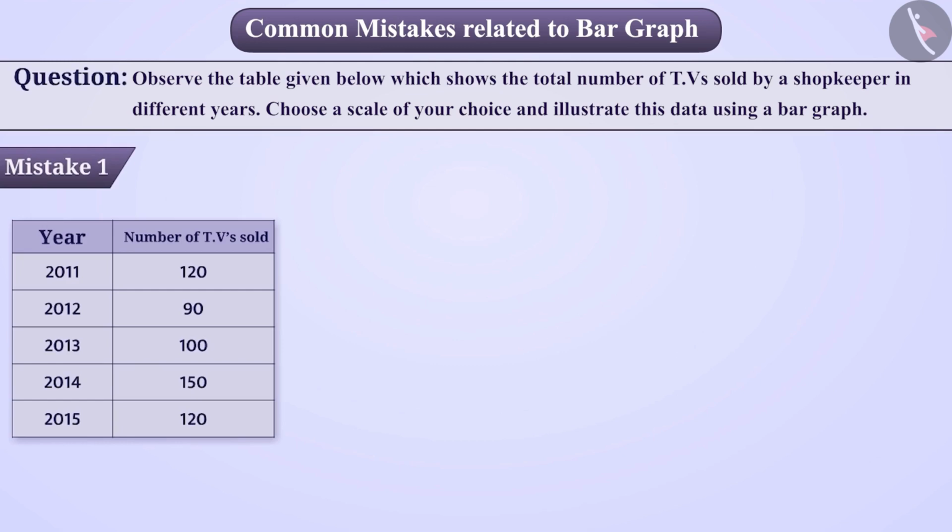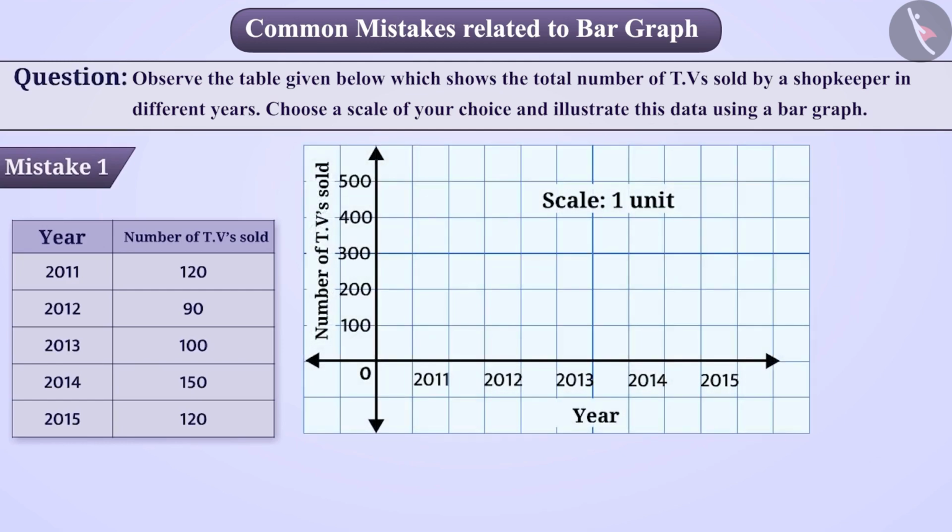Mistake 1. Some students fail to choose a suitable scale while drawing a bar graph. Suppose they try to draw bars taking 1 unit length equal to 100 TVs. They thus obtain lengths of bars and attempt to draw a bar graph.